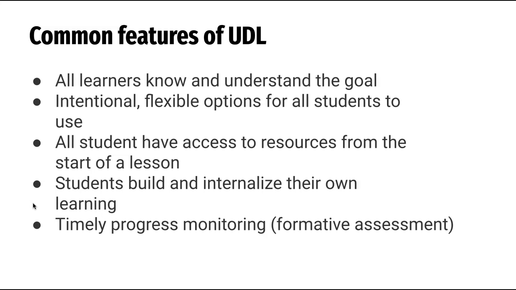All students have access to resources from the start of the lesson. So that means that if a student does need a certain accommodation, that accommodation is built in proactively so that the student doesn't have to wait. If there's a student that needs closed captioning, or if the student needs alternative text on images, all of that is already built into the learning environment.